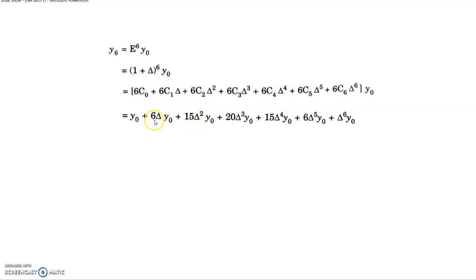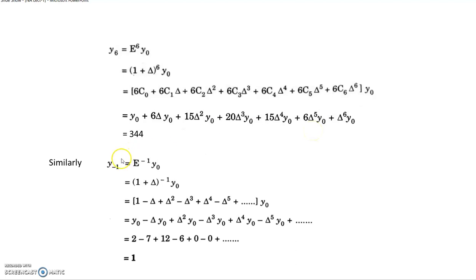Now you can put the values of delta square y naught, cube, 4 or 5 from the table. After substituting all these values you will get 344. Delta 6 y naught will be 0 because delta 5 y naught are all constant in this column, so the next 6th order differences will obviously be 0.